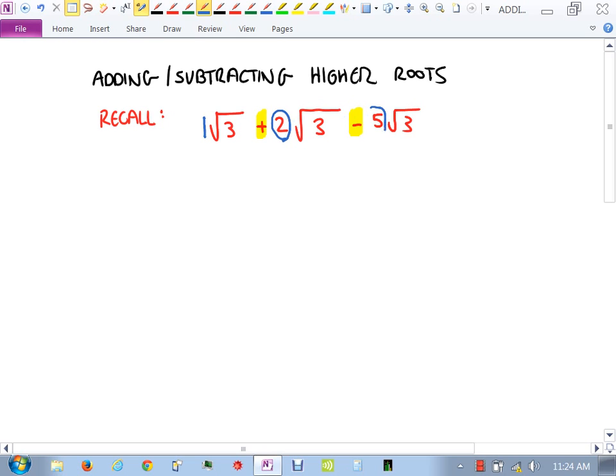And there is a negative 5 in front of the third one, right? So what you're doing is you're taking a positive 1, you're adding 2, and you're subtracting 5. So 1 plus 2 is 3. Take away 5 is negative 2. So you have negative 2 square roots of 3. That's the way we did that before.